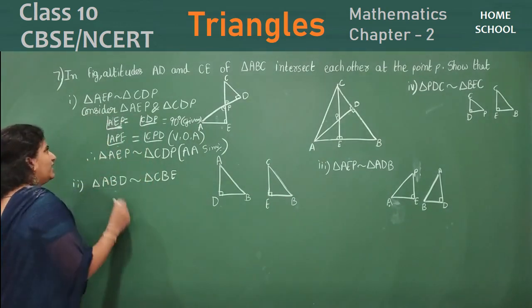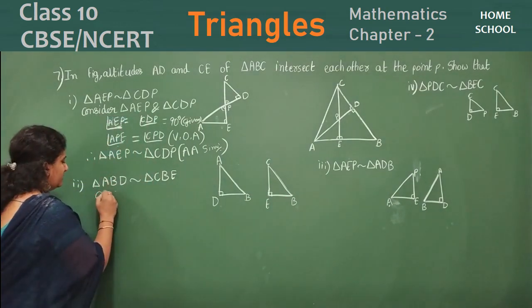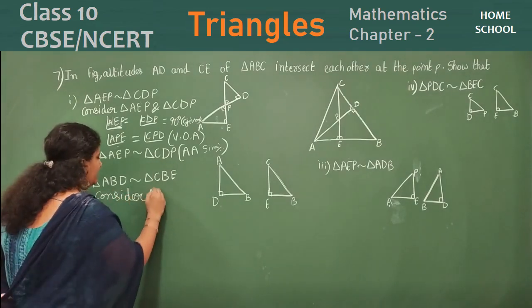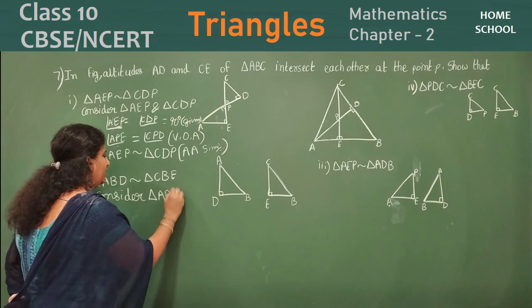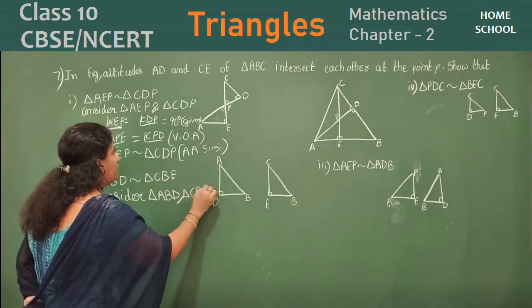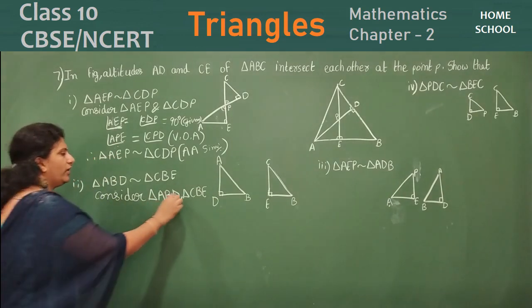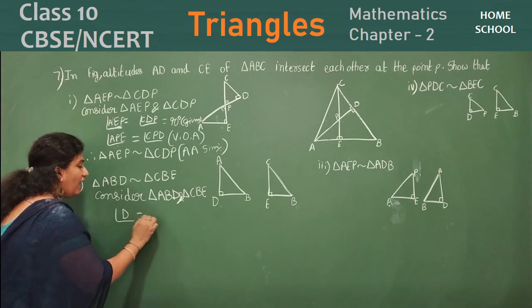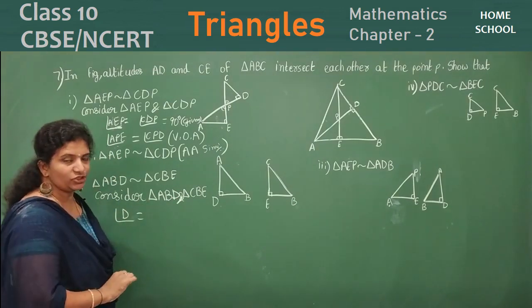So let's start writing here. Consider triangle ABD and triangle CBE. Okay. Now, angle D. Have you learned? I'm going to write here a shortcut.